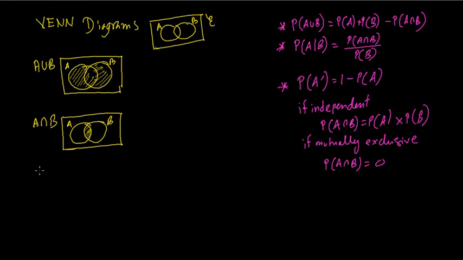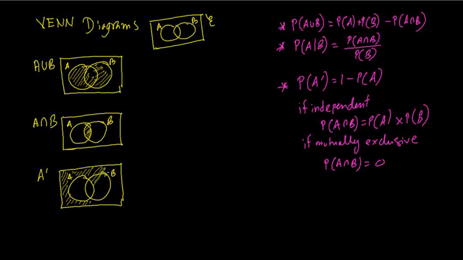Next, A prime means everything except A. If you have this as A, then A prime is everything outside of A, everything except the circle A. So that is A prime.